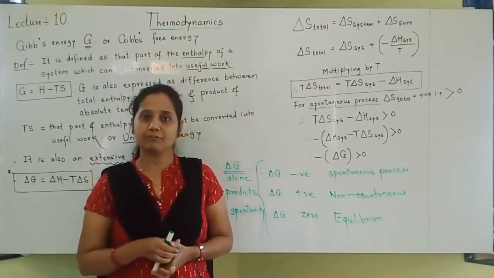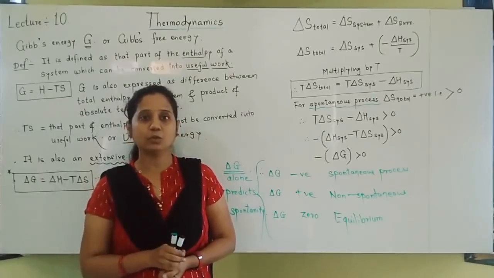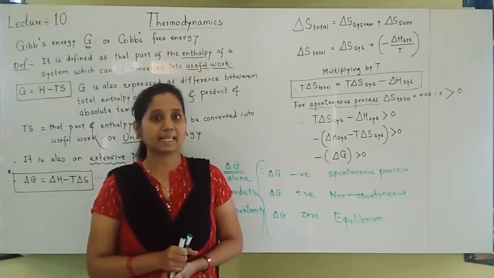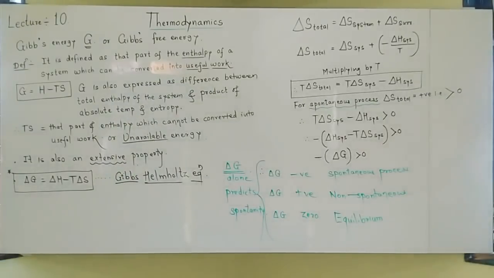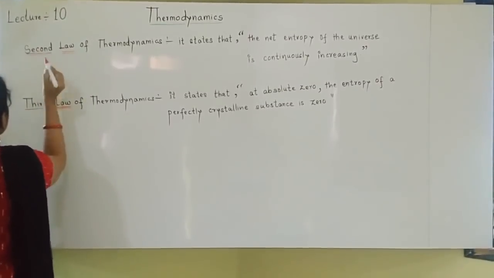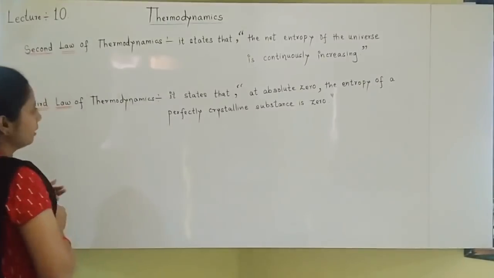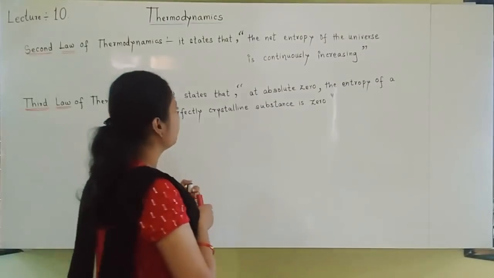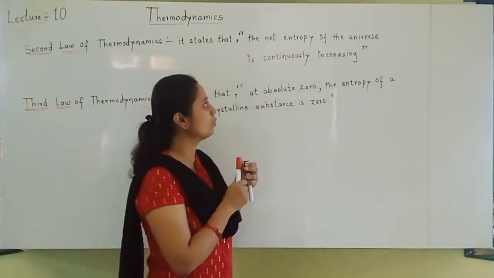Students, the first law of thermodynamics is over. Let us conclude by seeing the second and third law of thermodynamics. See here, both are related to entropy, today's topic. So let us finish these two laws.